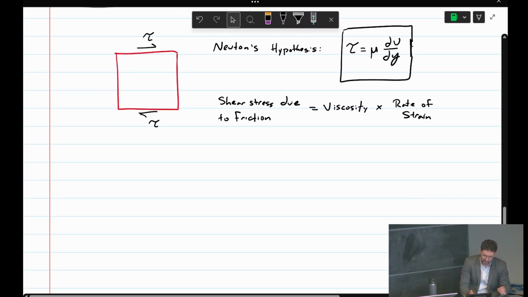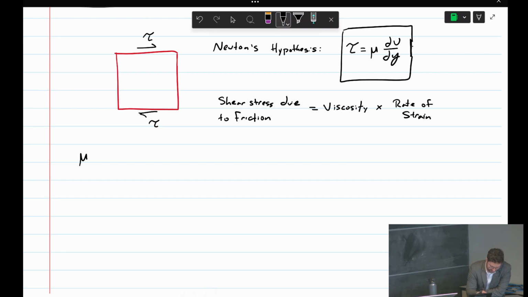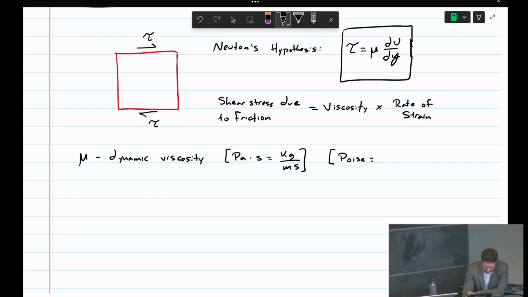I'll define now what mu is. So mu there, that constant that determines the constant of proportionality here, is called the dynamic viscosity. It has units of Pascal seconds, which is equal to kilograms per meter second. You'll also see it given in units of poise, which come from the CGS system.